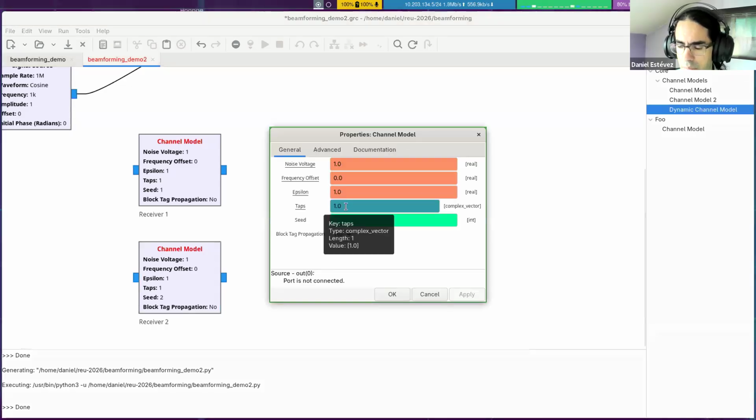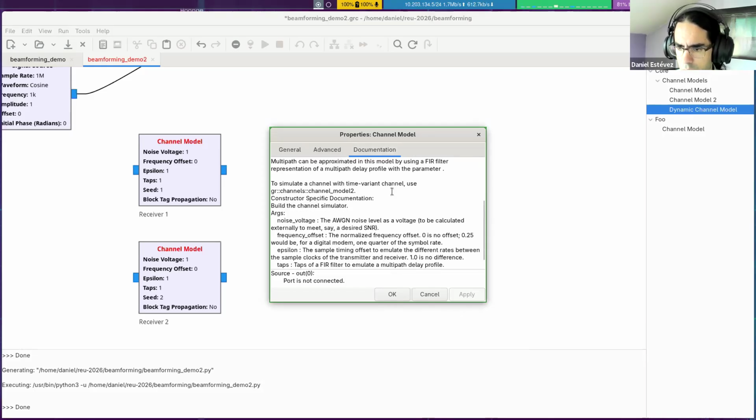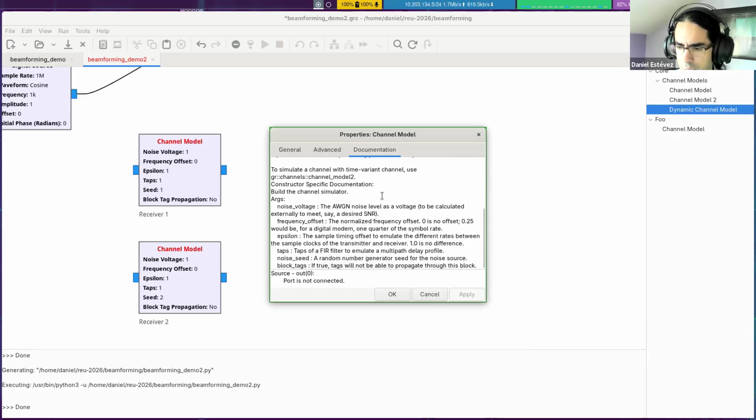I'm going to start maybe with the frequency offset because it's easy. The only question is what are the units for this? And it says the normalized frequency offset. And it says 0 is no offset. Okay, we already knew that. And 0.25 would be 1/4 of the symbol rate for a digital modem.